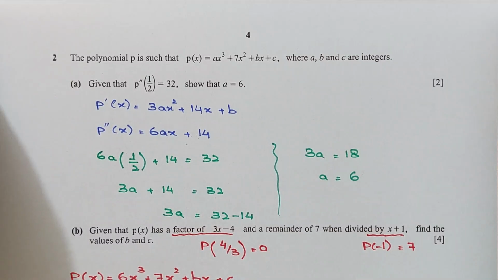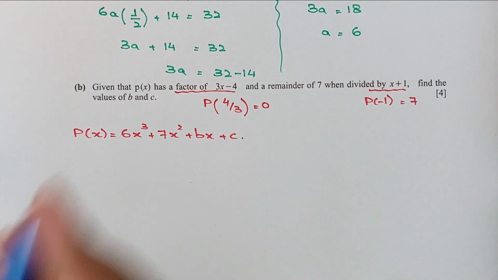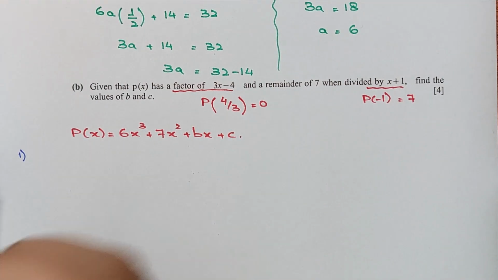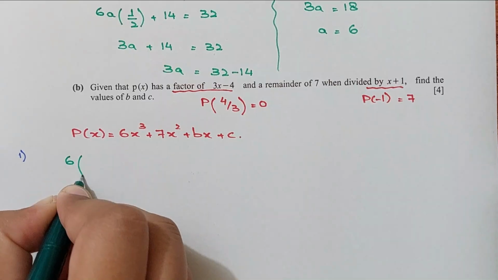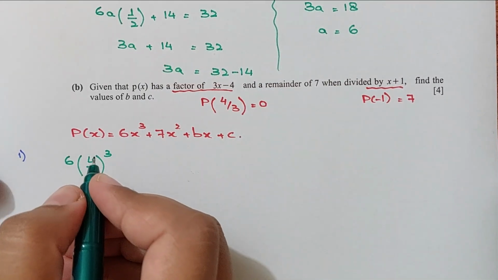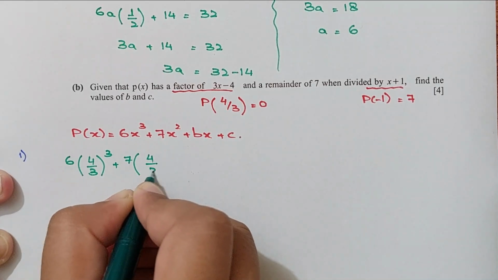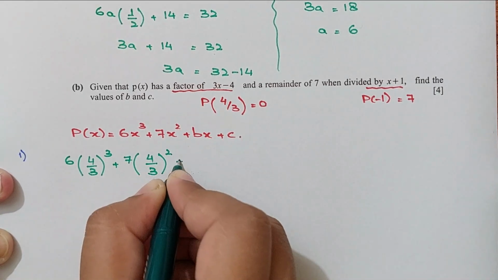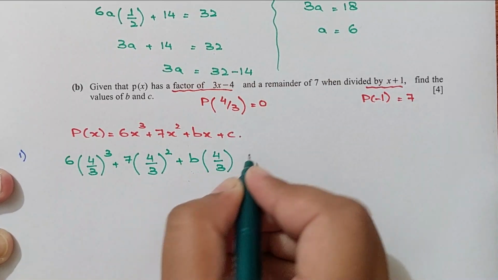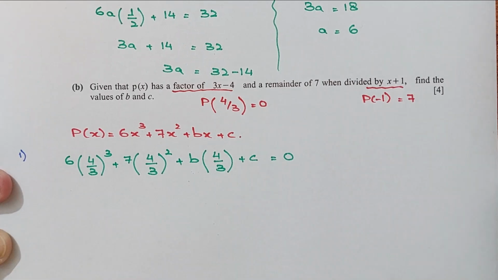Applying the first condition that p of 4 by 3 equals 0: 6 times 4 by 3 whole cube plus 7 times 4 by 3 whole square plus b times 4 by 3 plus c equals 0.